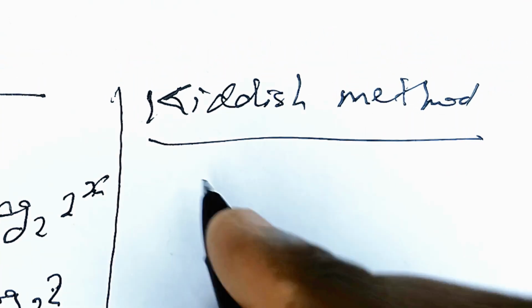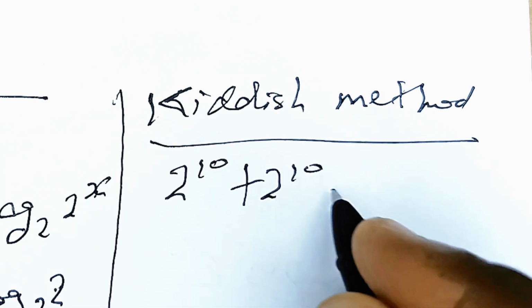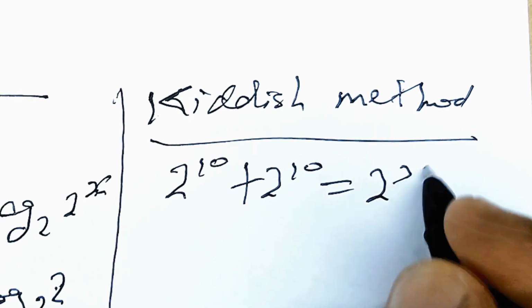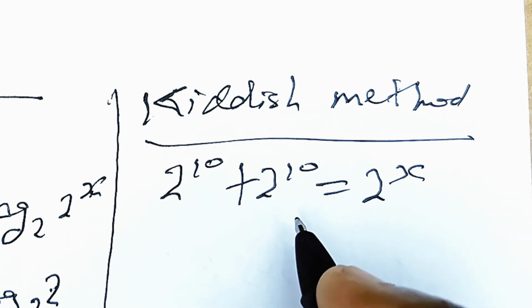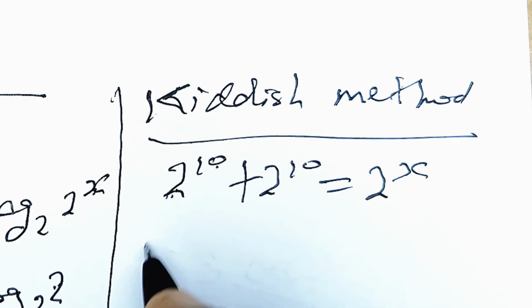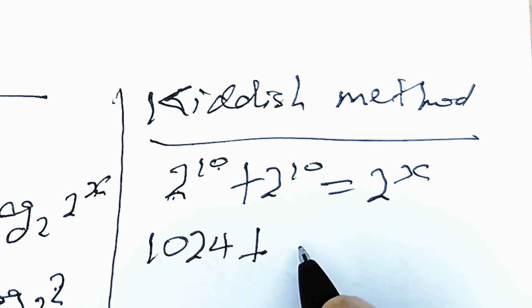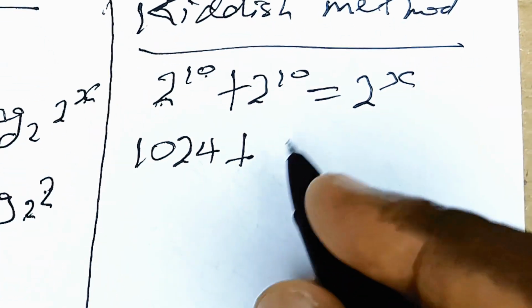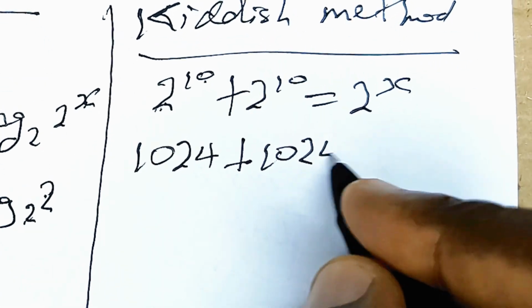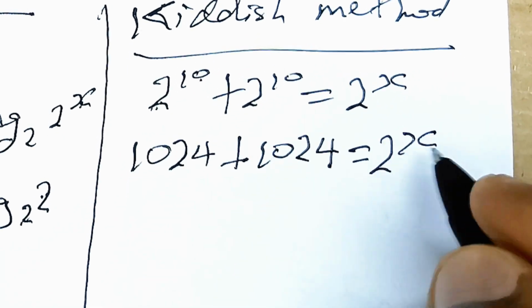Let's check it out. So we have 2 raised to the power of 10 plus 2 raised to the power of 10 is equal to 2 raised to the power of x. But if you use your calculator to get 2 raised to the power of 10, that will be 1024 plus another 1024 is equal to 2 raised to the power of x.